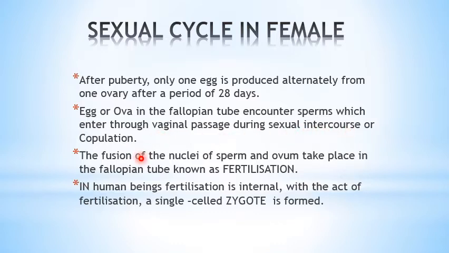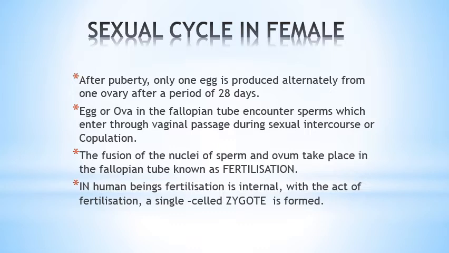The fusion of the nuclei of the sperm and ovum takes place in the fallopian tube, known as fertilization. That's why the fallopian tube is known as the site of fertilization. In human beings, fertilization is internal. With the act of fertilization, a single-celled zygote is formed.